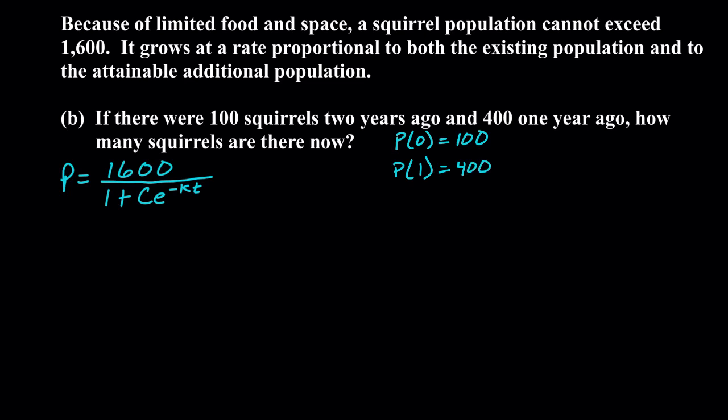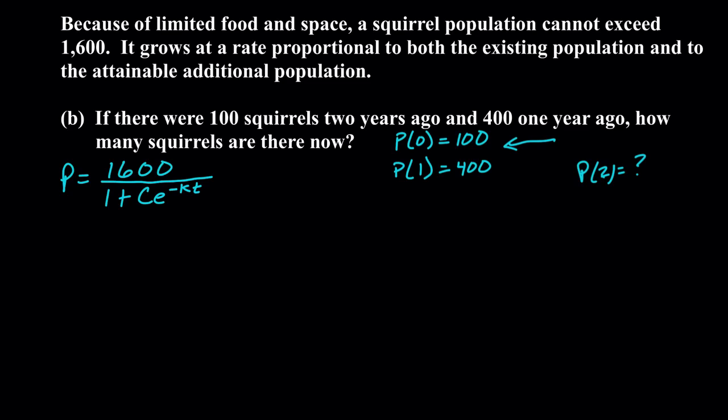So we're going to let 2 years ago be represented by our initial population. Initial population means that's when time is 0. So then 1 year ago would be P of 1, and then the question asks how many squirrels are there now, which means we want to know what is P of 2 equal to.